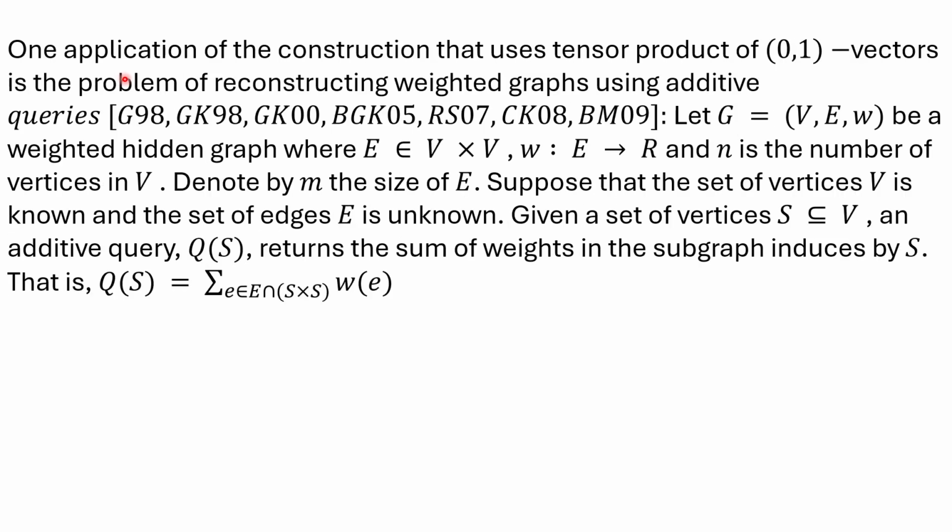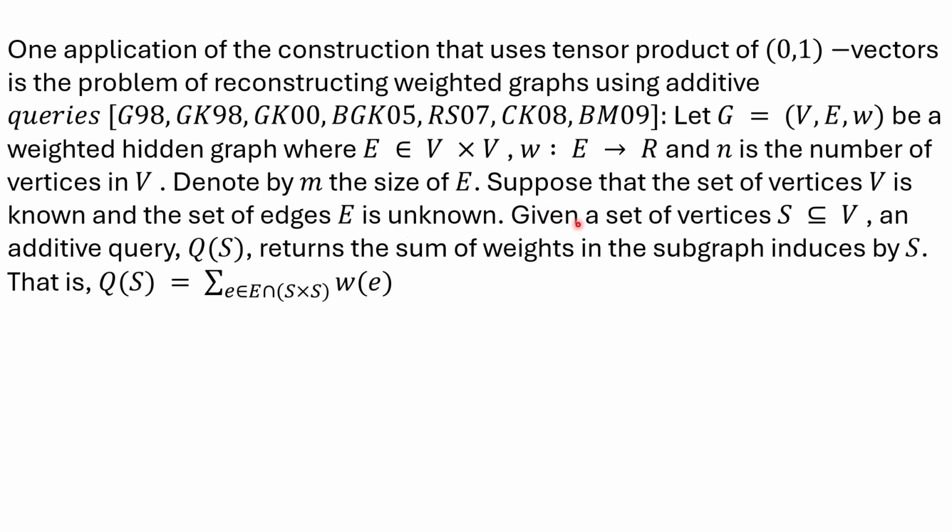What we saw earlier is the problem of reconstructing a weighted graph using additive queries. Let G be a weighted hidden graph where E are the edges and w is a function for the weights, and n is the number of vertices in V. Denote by m the size of E. Suppose that the set of vertices V is known and the set of edges E is unknown.